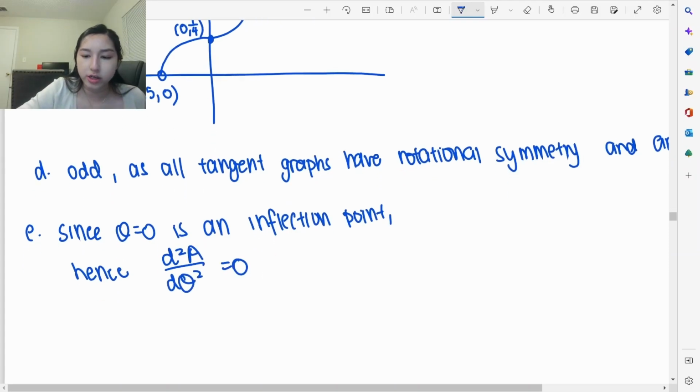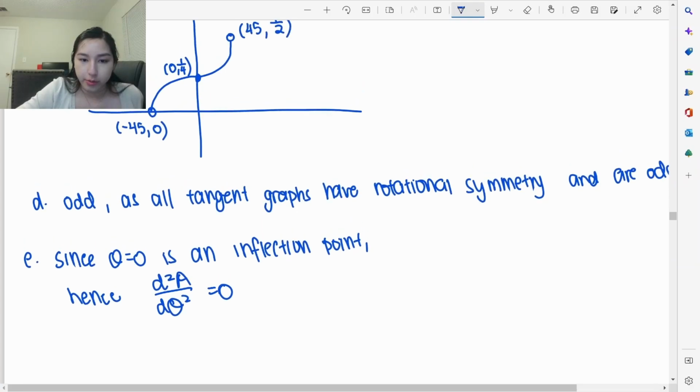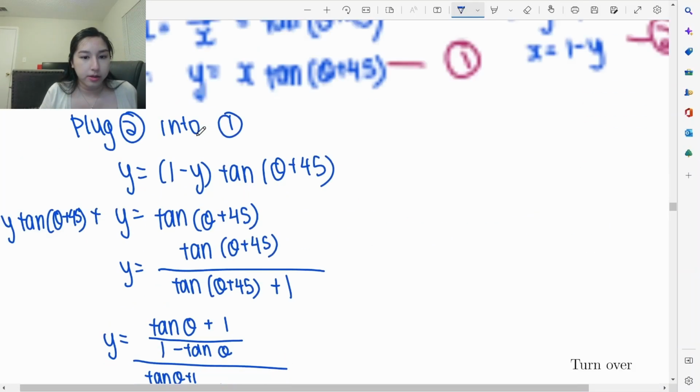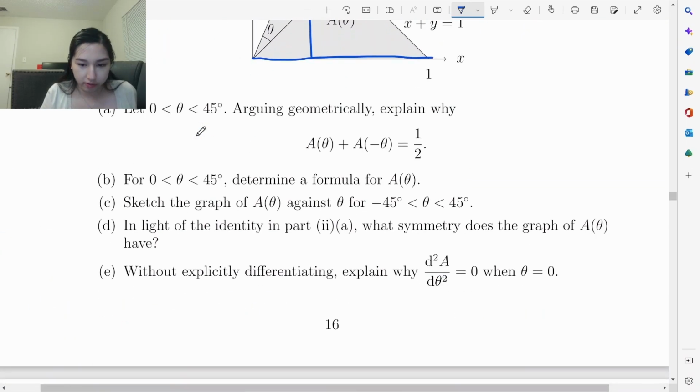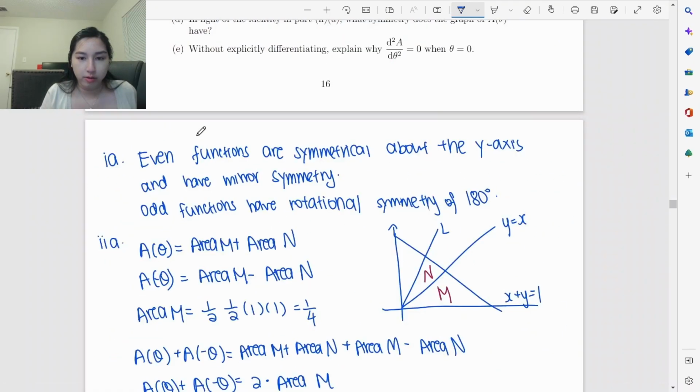Basically an inflection point occurs when you've got a graph that looks like this or like this, an S-shaped graph, not a stationary point like a vertex. Okay, and is that all for this one? Great, we're done with this problem.